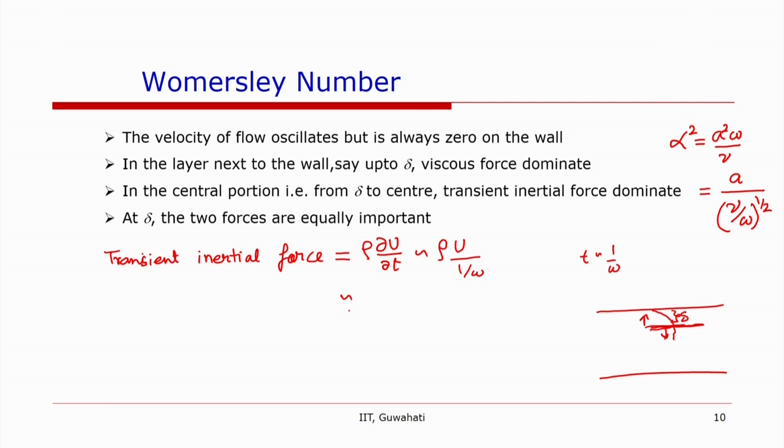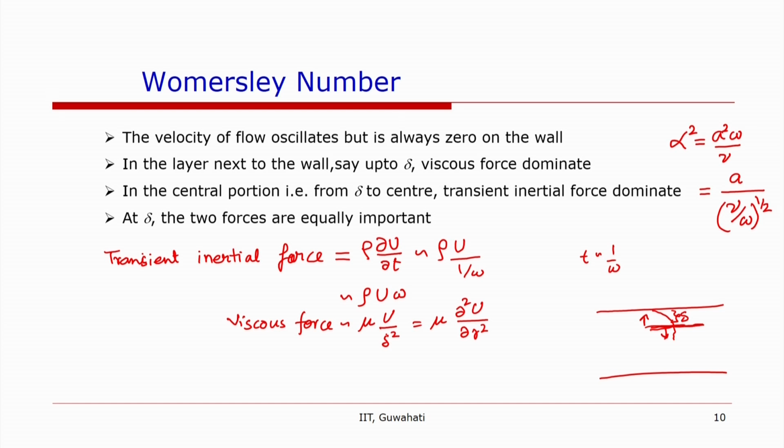So this force will be rho u omega, and the viscous force will be mu u by delta squared, because it comes from mu del squared u by del r squared.